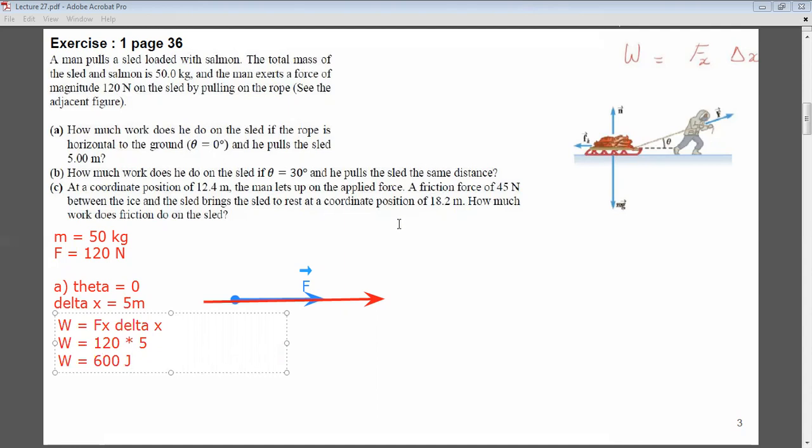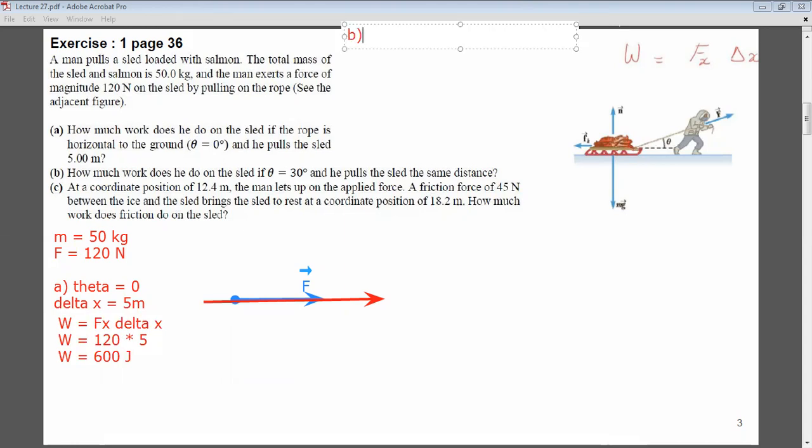Part B, let's do it up here because we need space. How much work does he do on the sled if theta equals 30 degrees and he pulls the sled the same distance? So theta this time is 30 degrees. The force is the same, 120 Newton.